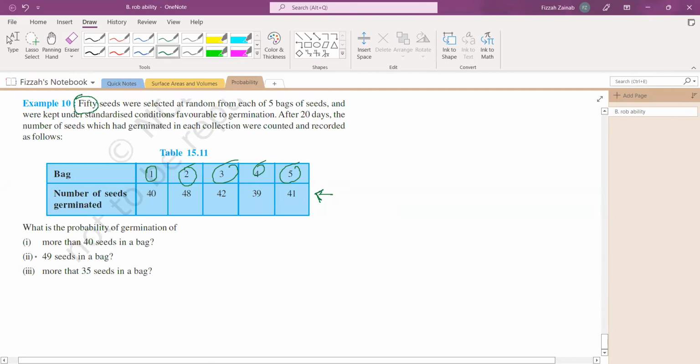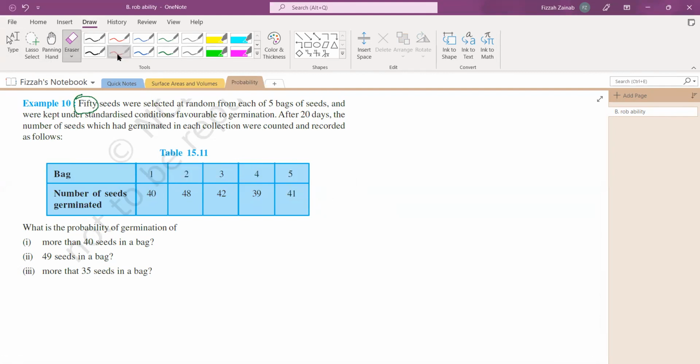Okay. Now, what is the probability of germination of more than 40 seeds in a bag? Right? So this 1, 2, 3, 4, 5 are basically the number of bags. So you see this number of seeds germinated, this line. Now more than 40 seeds in a bag. So more than 40, you don't have to include this, right? Because this is exactly 40. Yes, Miraj? Yes, ma'am. So do it carefully. In the question, it is given more than.